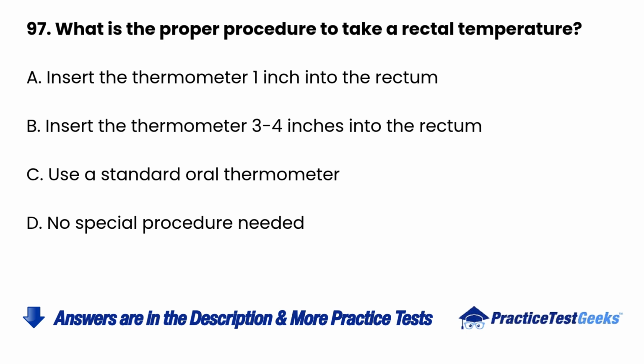What is the proper procedure to take a rectal temperature? A. Insert the thermometer 1 inch into the rectum. B. Insert the thermometer 3 to 4 inches into the rectum. C. Use a standard oral thermometer. D. No special procedure needed.